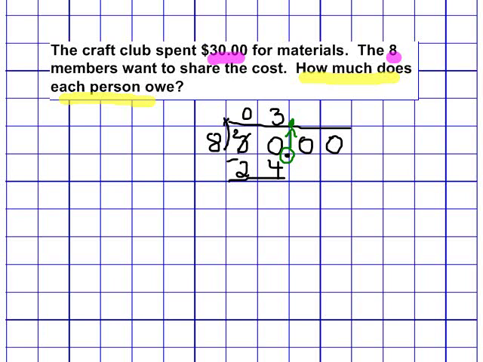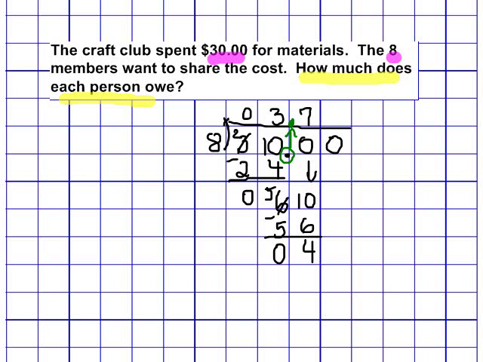I need to regroup. So 10 take away 4 is 6. 2 minus 2 is 0. I need to remember to bring down that 0. And I know that 8 goes into 60 7 times. 7 times 8 is 56. And I will go ahead and subtract that. I will regroup. 10 take away 6 is 4. And 5 take away 5 is 0.